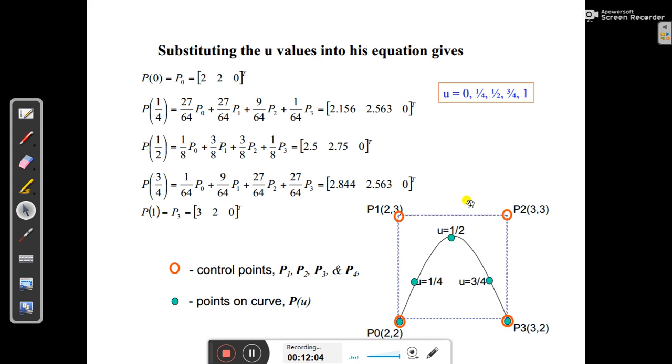Control points are this one, but actual points are here, okay. Control points are P0, P1, P2, P3, and the points on the curve are P(u) for 1 by 4, 1 by 2, 3 by 4.